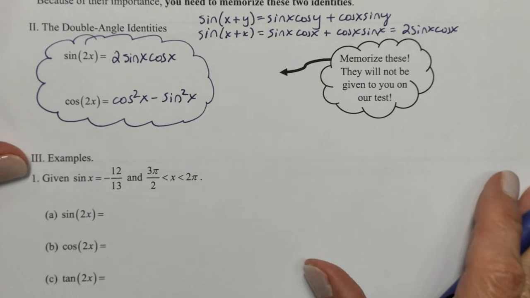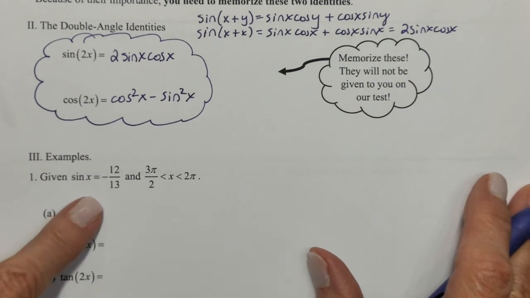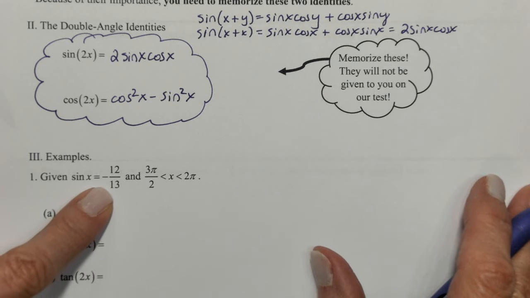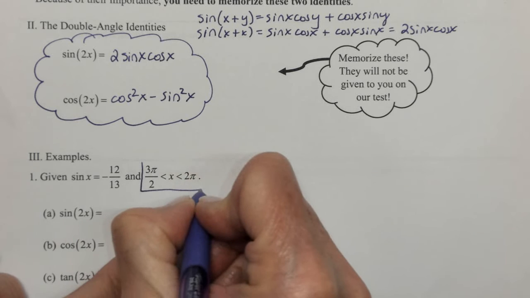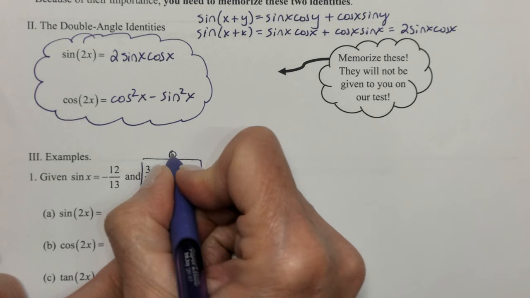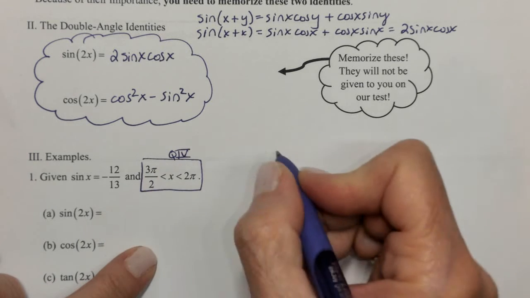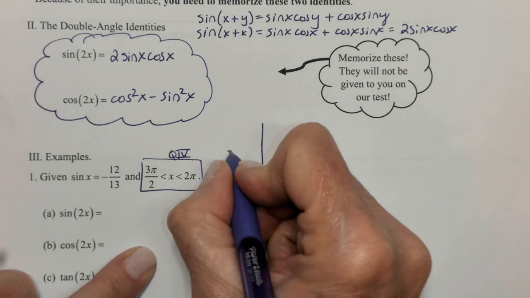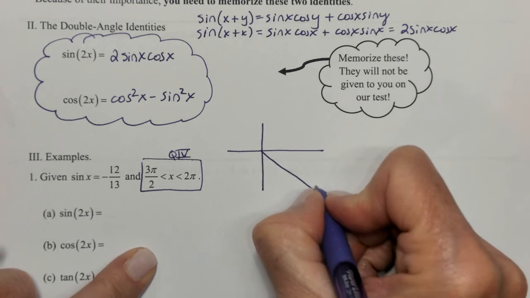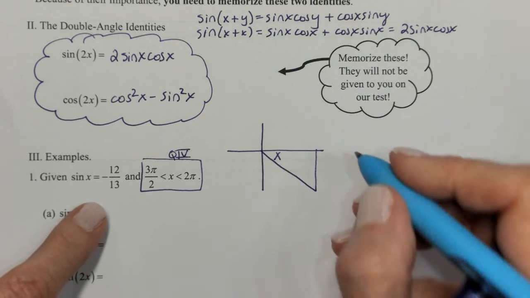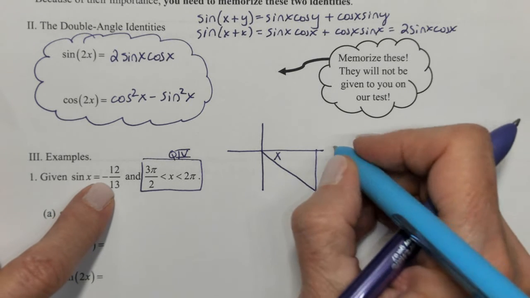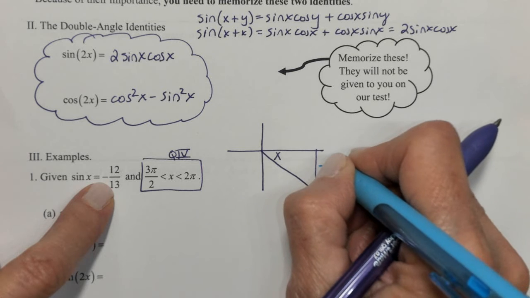Let's look at some examples. We're given that sine x is negative 12 over 13, and we are in quadrant 4. So let's draw that out. If this is angle x, sine is negative 12 over 13. That'll make this a negative 12.